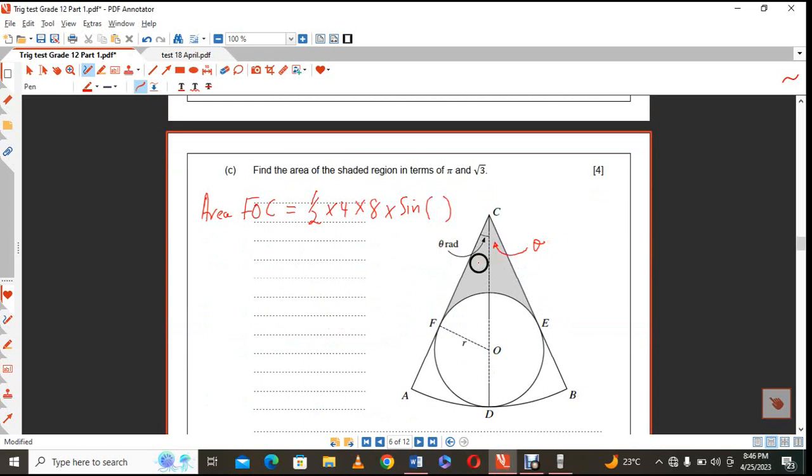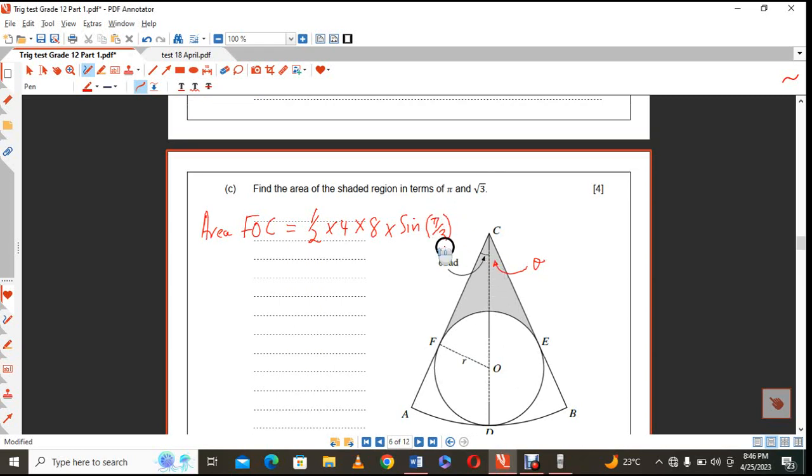So the whole thing here was pi upon 6. So if you divide that, we're going to find that little angle over there, and that little angle is nothing but pi over 3. Okay, pi over 3. So again, remember, we're just working with this triangle over there, because I'm using the formula to calculate the area of a triangle.